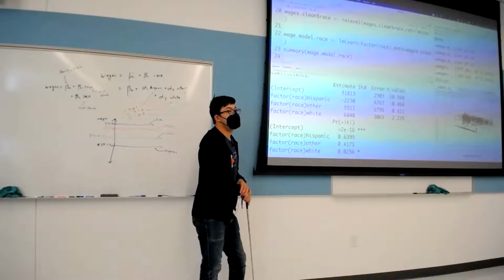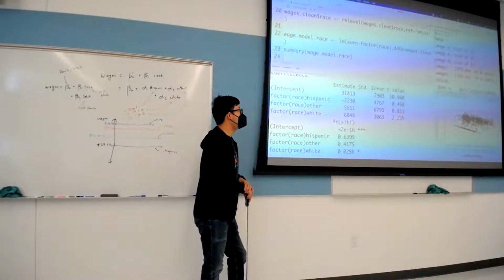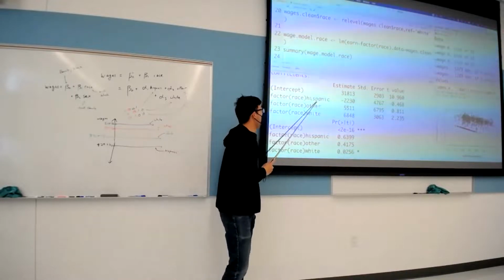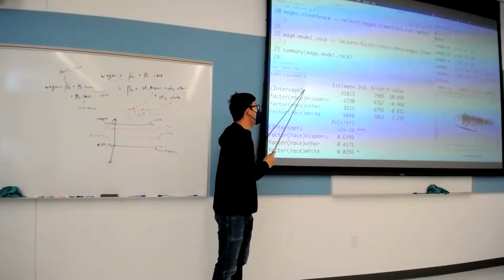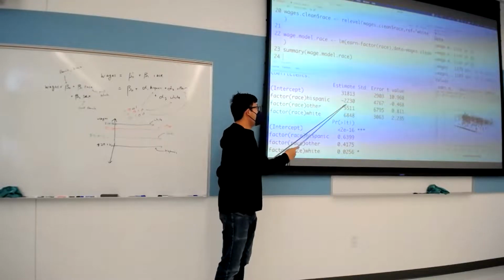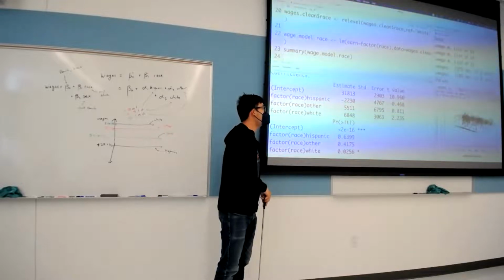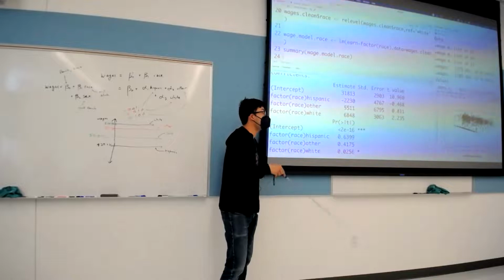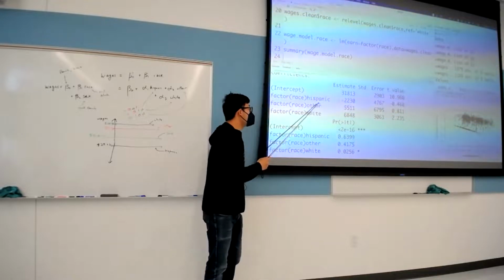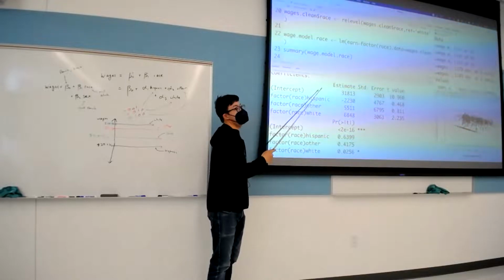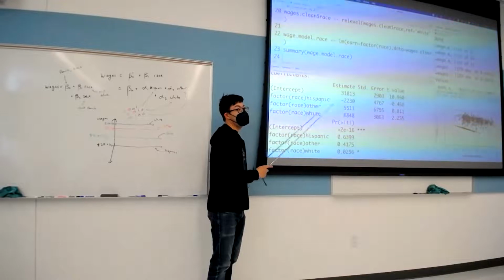So what does that mean in the context of this particular problem? This is saying the income difference between Hispanic and Black is not statistically significant, which means that in our model, we're not necessarily confident that if you're Hispanic, you're making a different income from if you're Black.